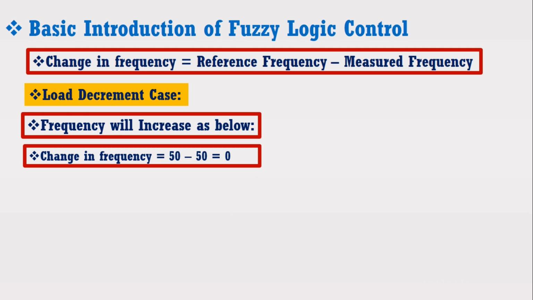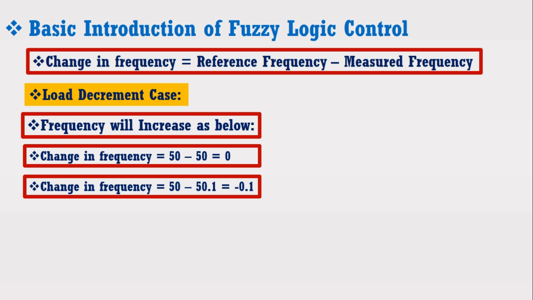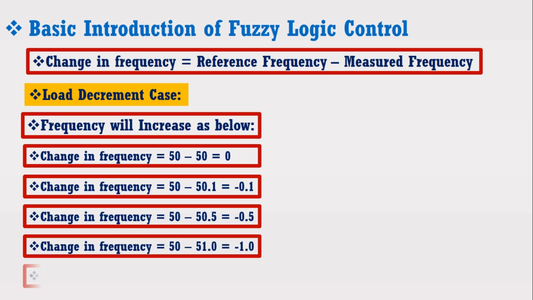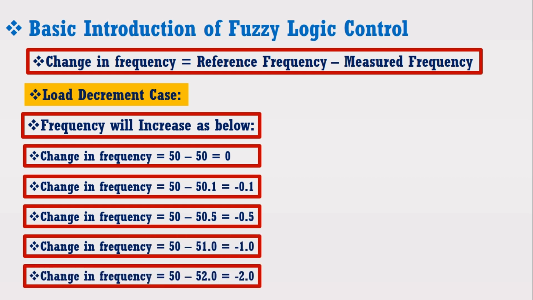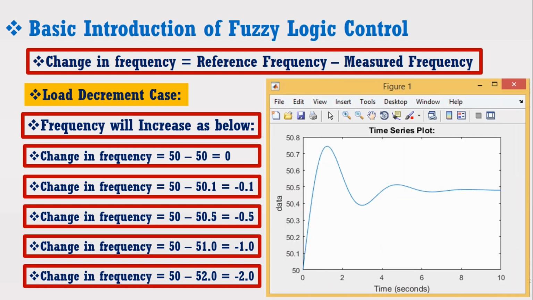Similarly, consider the case of load decrement. Suppose due to a sudden decrease in load, the system measured frequency increases to 50.1 Hz. Then change in frequency will become minus 0.1 Hz. Similarly, if we consider a huge decrease in load demand, then system frequency may increase to a very high value resulting in a difference of minus 2 Hz or even more, due to which the system frequency will suffer from an overshoot as shown in the figure.